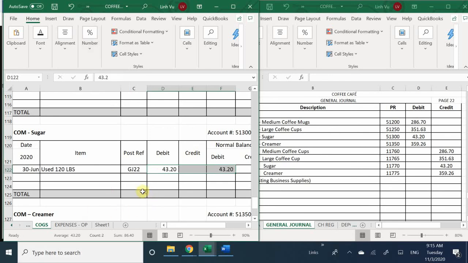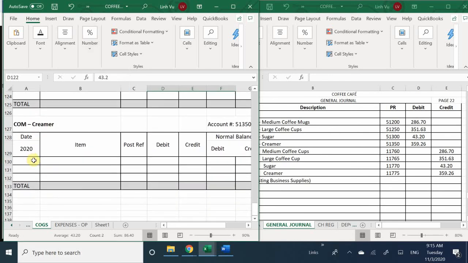Okay. And then lastly, my coffee creamer. How many cases did I use? 22. We used 22. All right, general journal 22 for how much? $359.26.